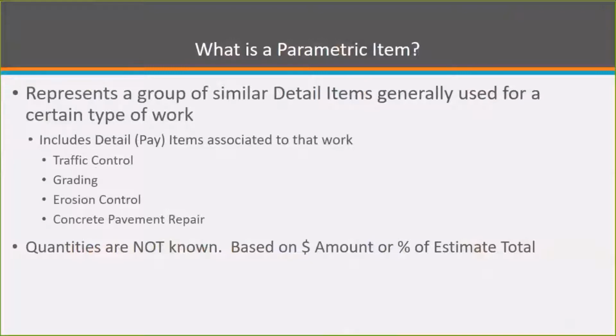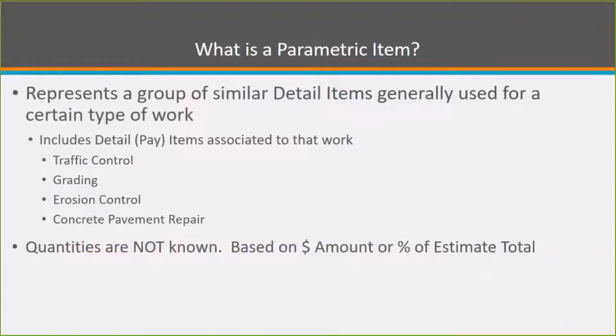The items in a parametric item don't have exact known quantities based on, like, a unit of measure of every mile. So if we had a mile of roadway work, we wouldn't necessarily know how many type 2 barricades or type 3 barricades would be needed for that mile of work.